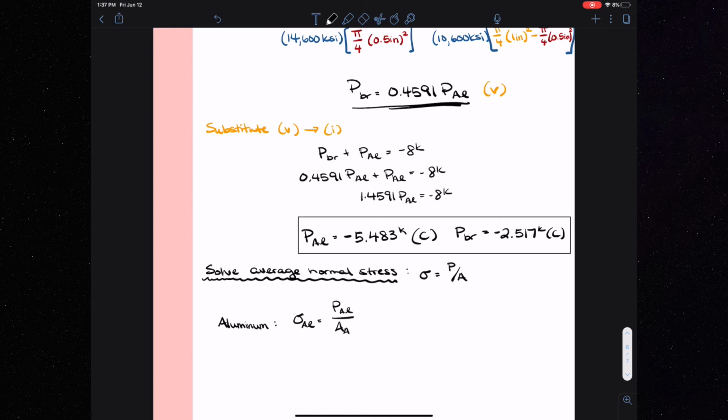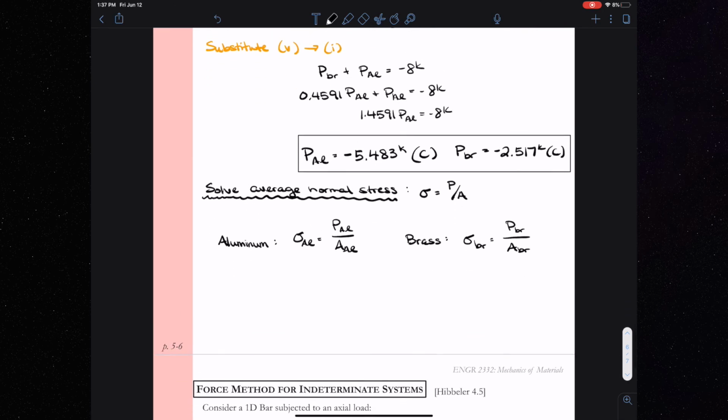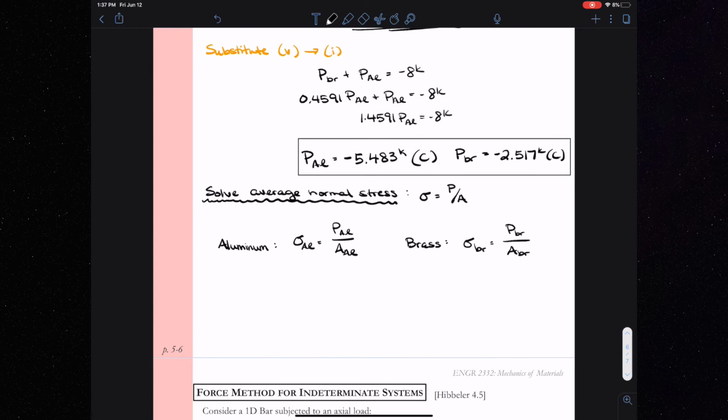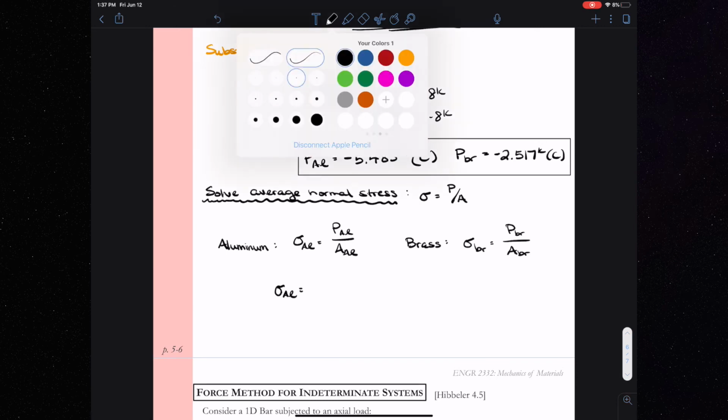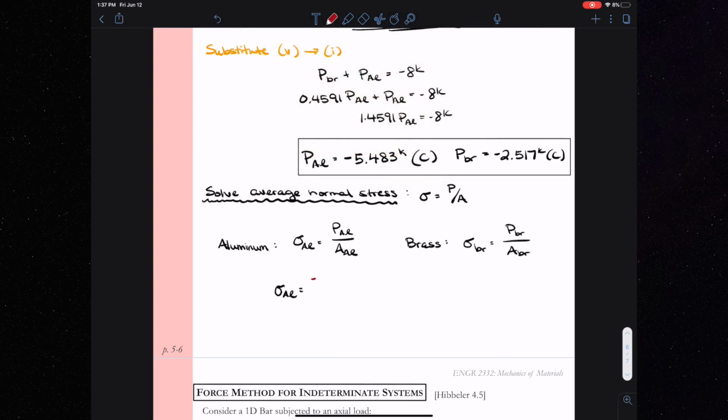So sigma aluminum equals P aluminum over A aluminum. For the brass, sigma brass equals P in the brass core divided by the area of the brass core. And so now I'll just plug in my numbers I have for the axial force in the aluminum. I have that this is negative 5.483 kips.